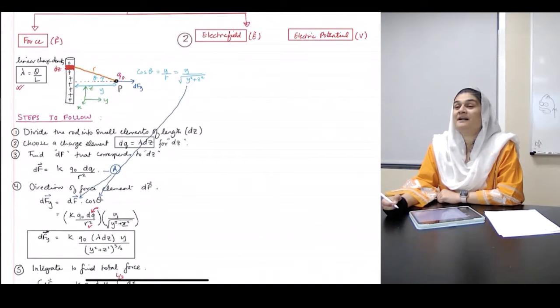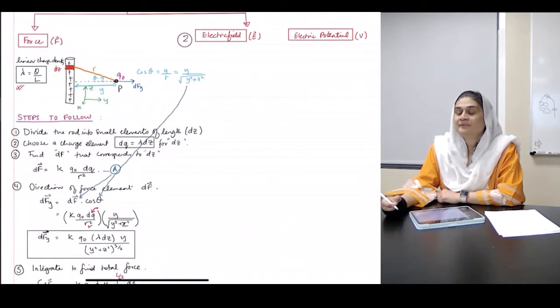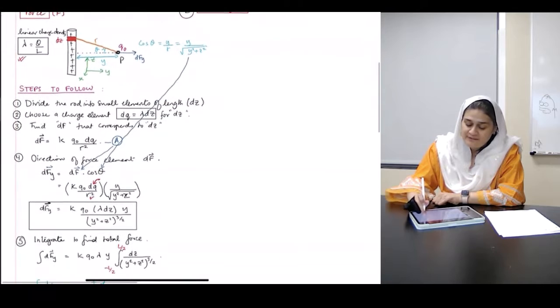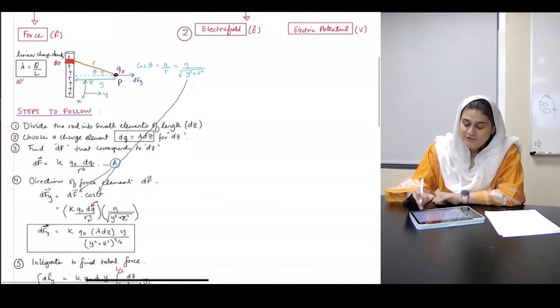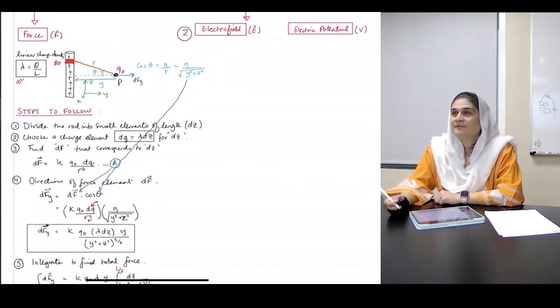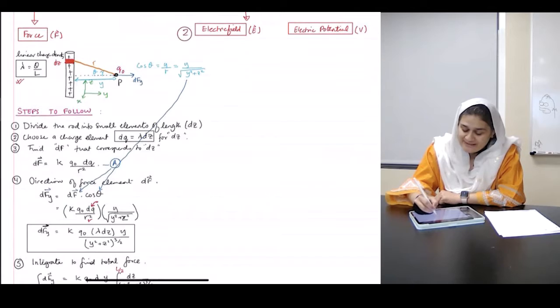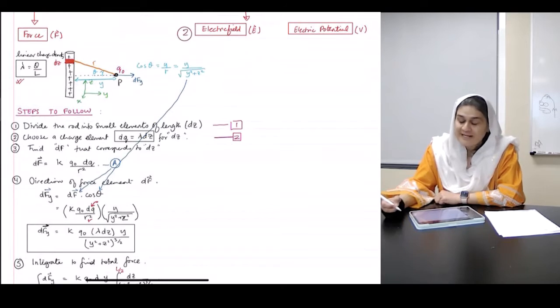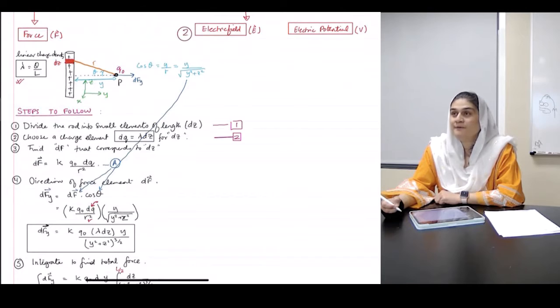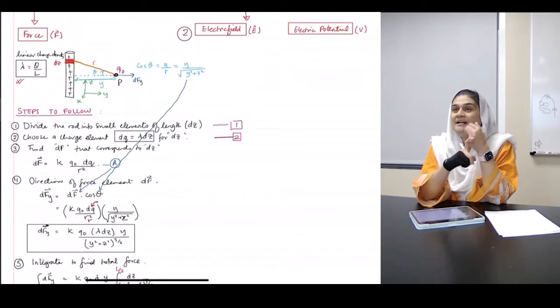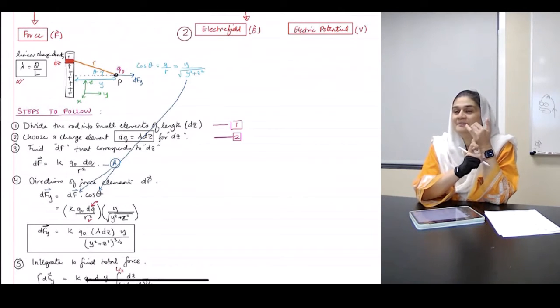We now have to find the E field. So we're going to leave the same picture here. We're going to do the steps to follow. The steps to follow will also be exactly the same for number 1 and number 2. The same way we did for the force, we will divide the rod into small volume elements.